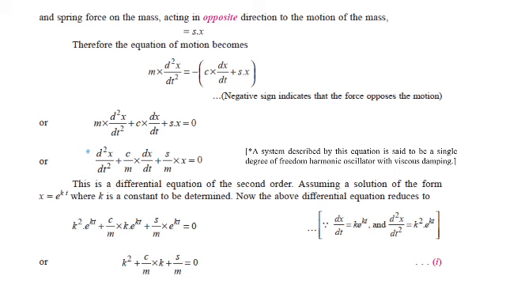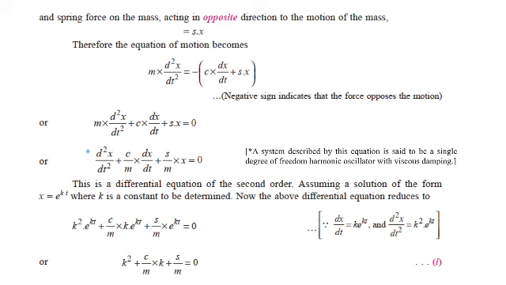Assuming the solution as x is equal to e raised to kt, where k is a constant to be determined, the above differential equation reduces to the following when I put x is equal to e raised to kt.